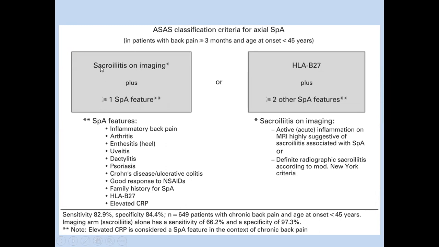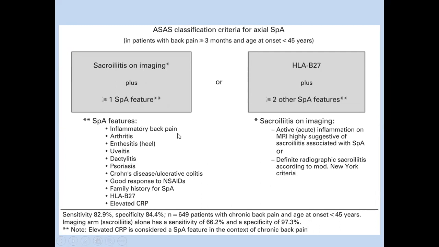If MRI is positive for sacroiliitis, the specificity is very high, more than 97% for sacroiliitis. That's the reason why, if the MRI scan is positive, then you only need one supporting feature to go with it.